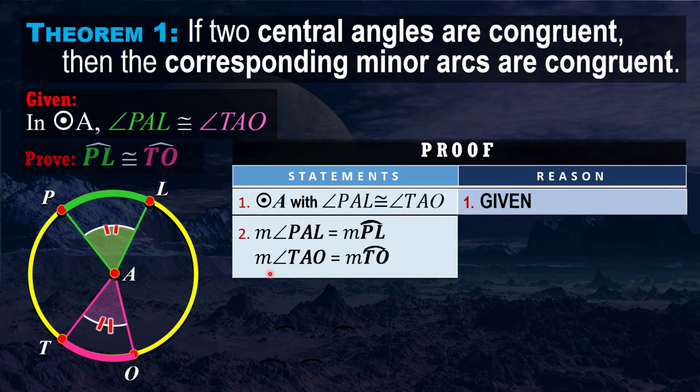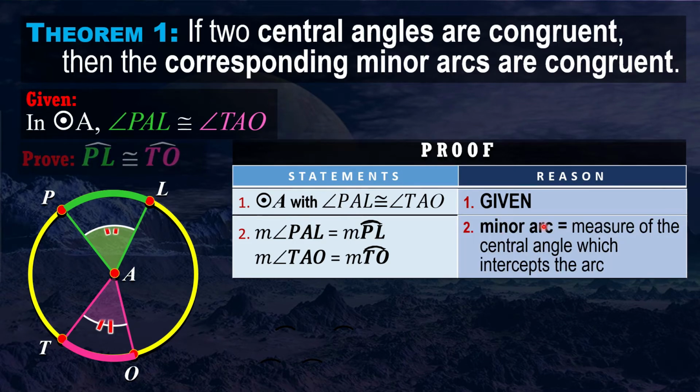Tapos yung measure ng angle TAO is equal to the measure of arc TO. So, minor arc is equal to the measure of the central angle which intercepts the arc. Di ba kung natatandaan nyo pa yung definition ng central angle, the central angle is equal to the measure of its intercepted arc.